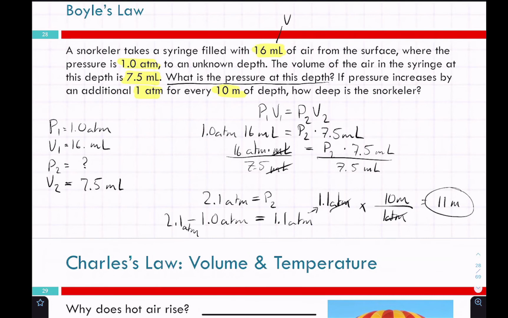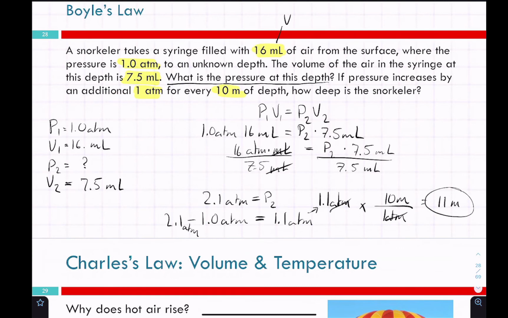So instead of just taking the pressure at that depth, we have to take the pressure at that depth and subtract the starting pressure, because it's how much the pressure increased. When it said increase by an additional, in my mind it would be add 2.1 plus 1. Well, how much pressure did we add?